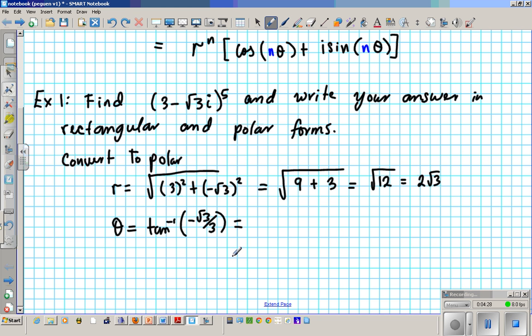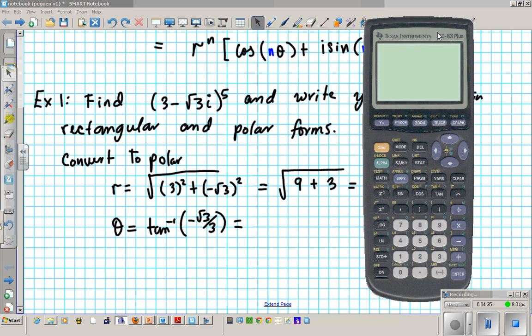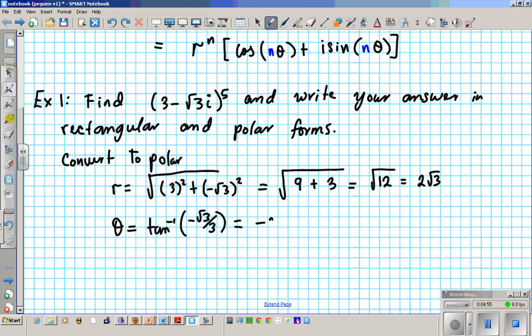Let's plug that into our calculator, inverse tan of negative root 3 divided by 3. What is that? Negative 30 degrees is our answer. So our theta is negative 30 degrees.